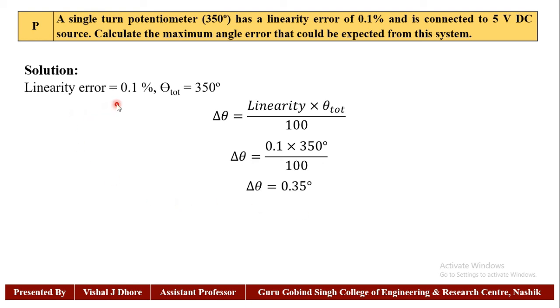The linearity error is given as 0.1% and the total angle is 350 degree. So delta theta is equal to linearity into theta total divided by 100. The linearity error is 0.1, total theta is 350, divided by 100. So we obtain the total delta theta as 0.35 degree.